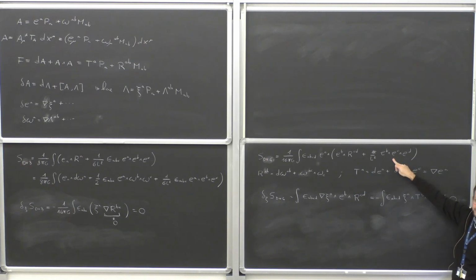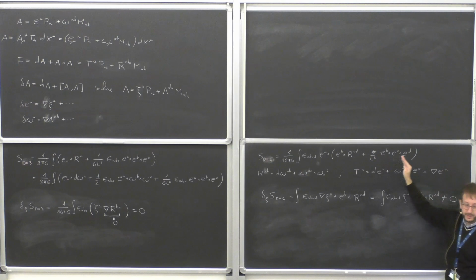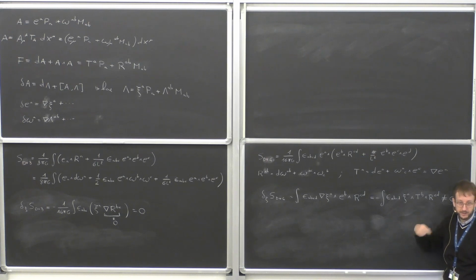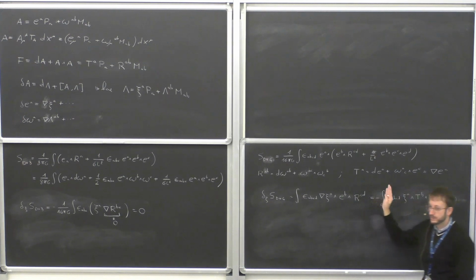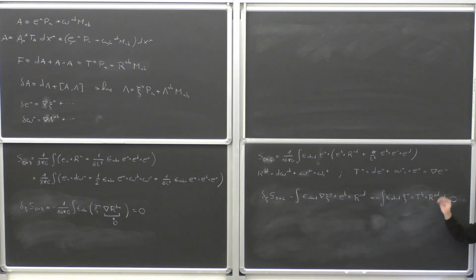So it's manifestly Lorentz invariant, but it's not invariant under local translations, and somehow the local translations are broken. They are there in the linearized theory, but in the full nonlinear theory, they are broken. Okay, so here you see the differences. They are not crucial for what I'm going to do today about asymptotic symmetries, but I think they are important to understand the peculiarity of the three-dimensional case.